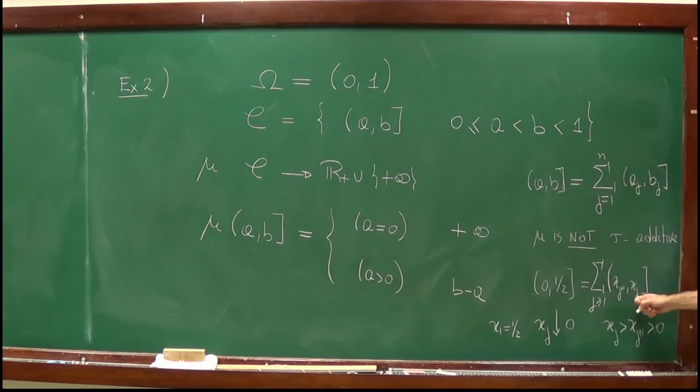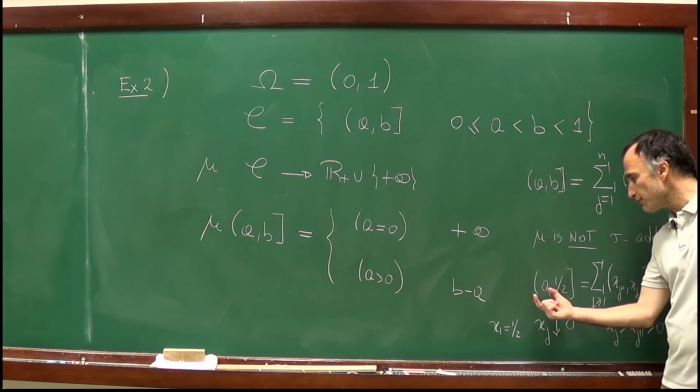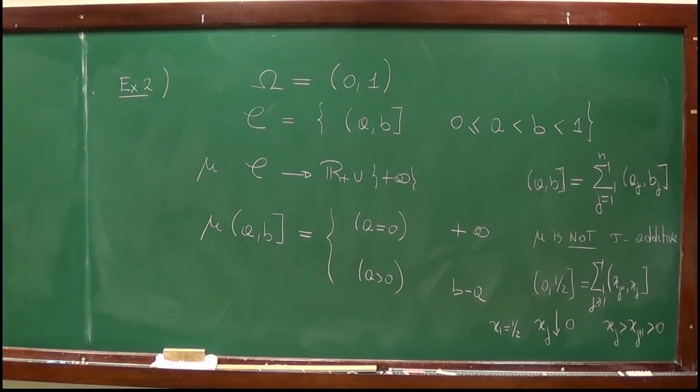This interval and all these intervals belong to the class C, but when you apply mu to (0,1/2], what you get is plus infinity, while when you apply mu to (x_{j+1},x_j], what you get is the length of this interval, which is x_j minus x_{j+1}.